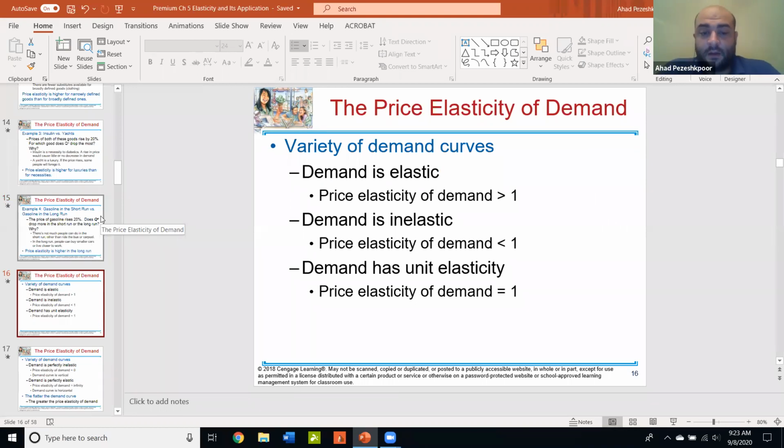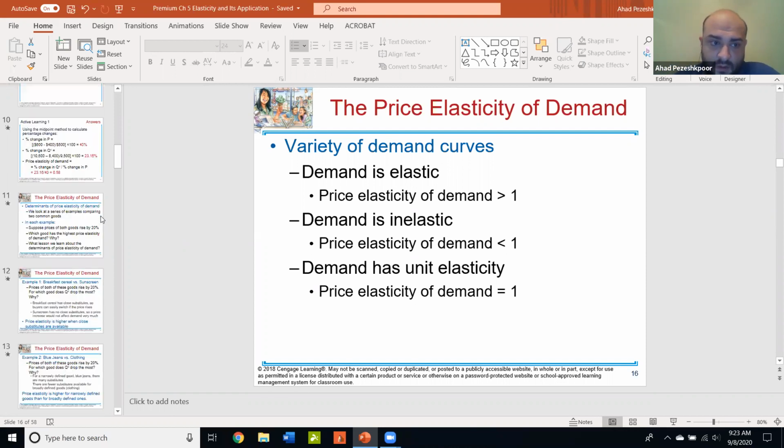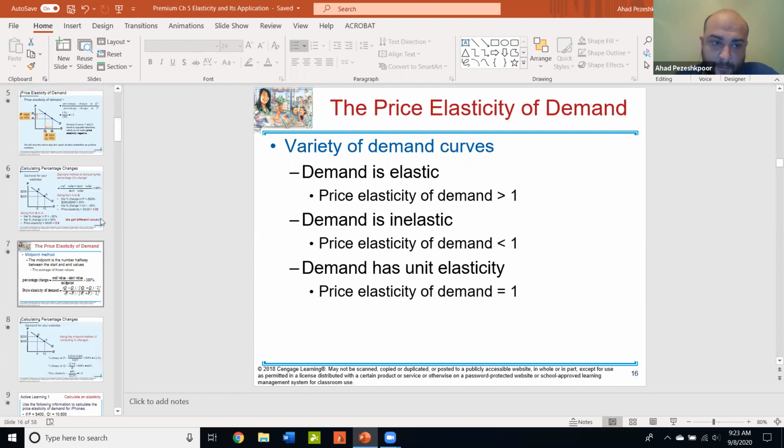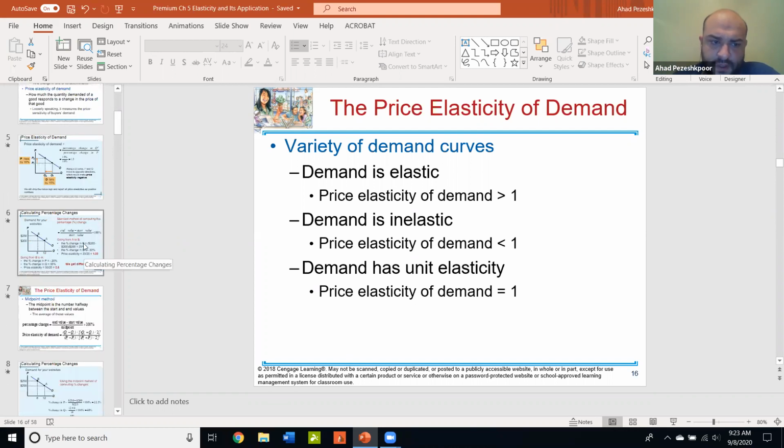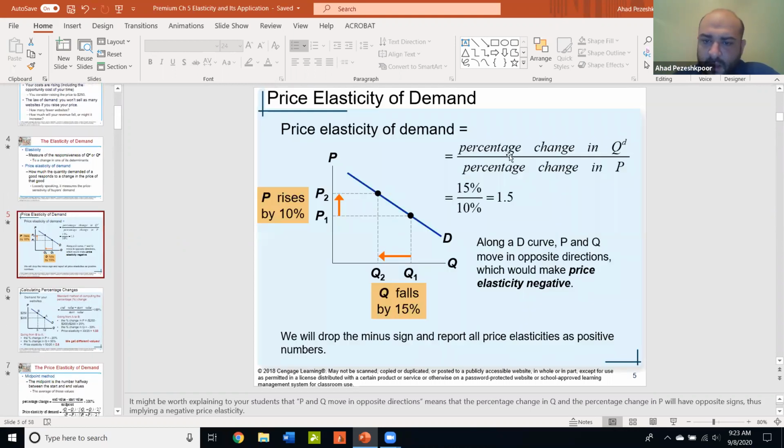Now, we have three different types of demand curves. When we say something is elastic, it means the price elasticity of demand is greater than 1. Let's look at here. What does this mean? That means when this is greater than 1, the percentage change in quantity demanded is bigger than the percentage change in prices.